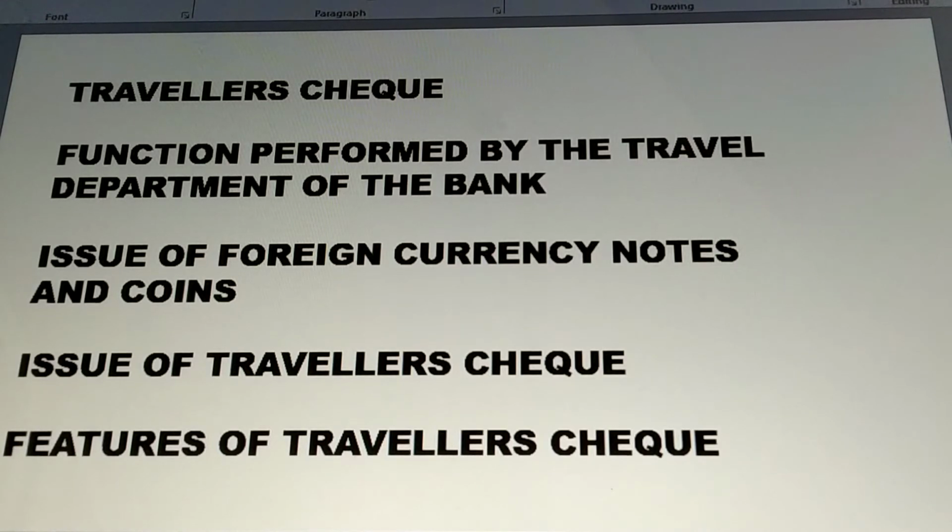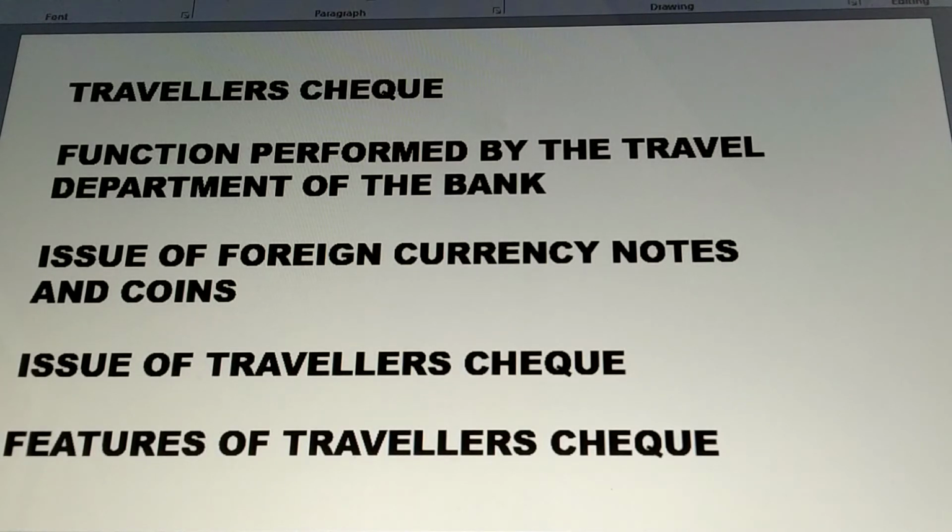Now, the amount of foreign exchange that an individual can purchase has a certain limit, and that limit should not exceed the limit fixed by FEMA, that is the Foreign Exchange Management Act.